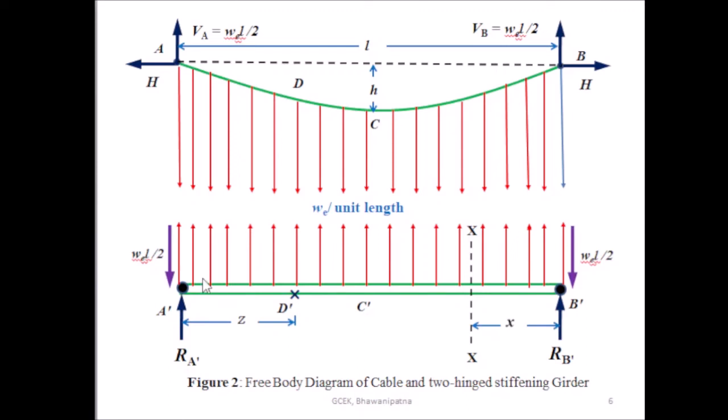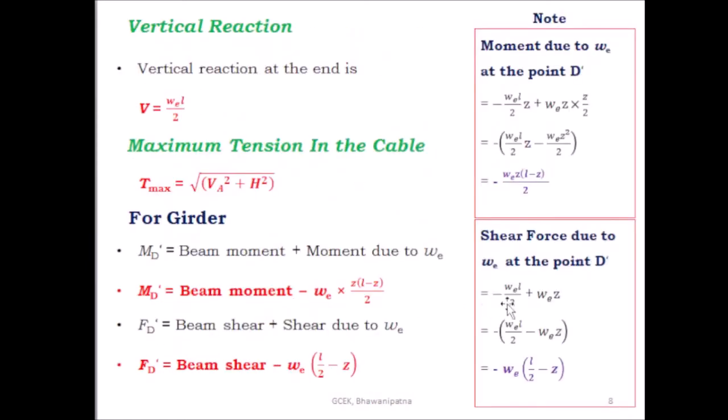W into Z. So the downward load you have to take negative and the upward load you take positive: minus WL by 2 plus W into Z. Then after taking the negative common, WL by 2 minus W into Z. Then after taking W common, minus W into L by 2 minus Z. So this is the shear force due to W at the point D dash.